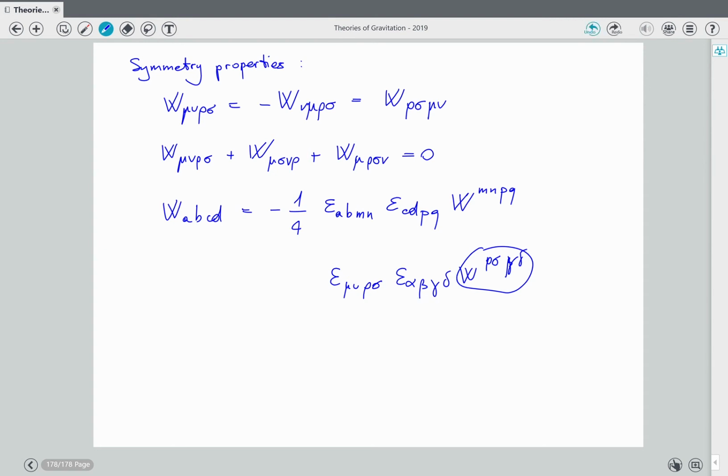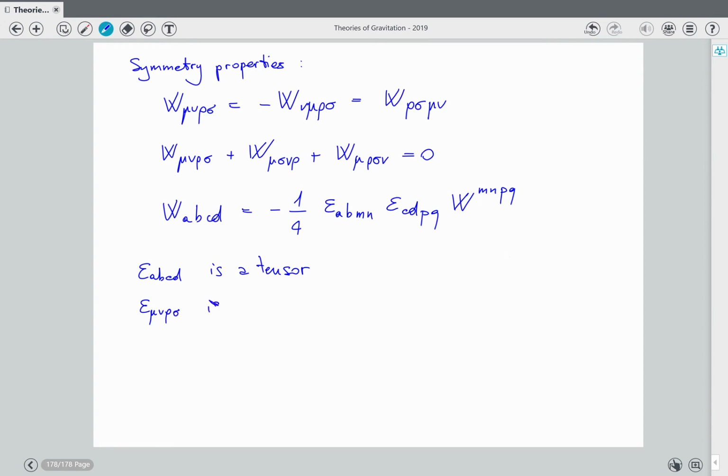The epsilon tensor is a pseudo-tensor actually, and so there are some square roots of G around, while in flat space indices, epsilon A, B, C, D is a tensor in flat space indices. Epsilon mu nu rho sigma is not. Since we have not said this so far, we have used epsilon mu nu rho sigma sometimes, maybe not too often. It's worth pausing a moment on this. This is not a tensor.